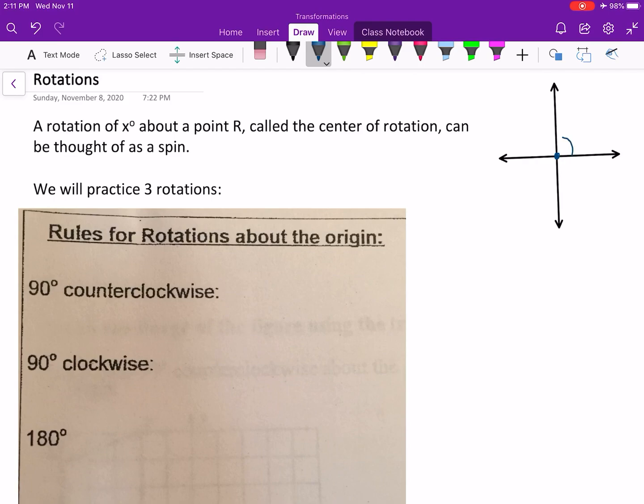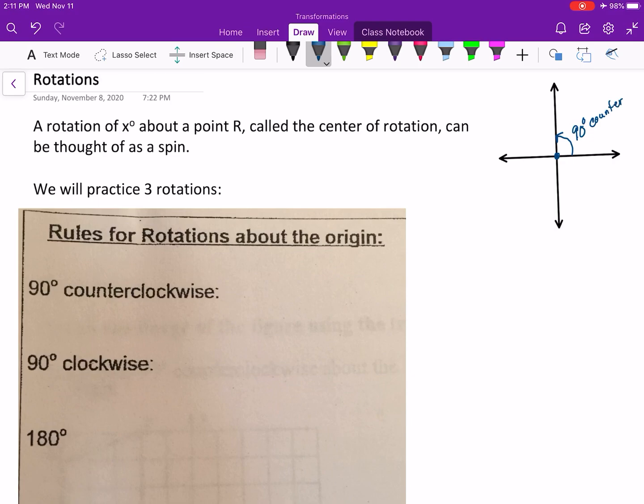A 90-degree angle would be that type of a spin, where we're moving up and to the left. That's what I'm thinking of as 90 degrees counterclockwise, which is against the clock.